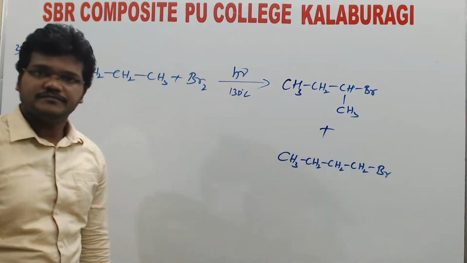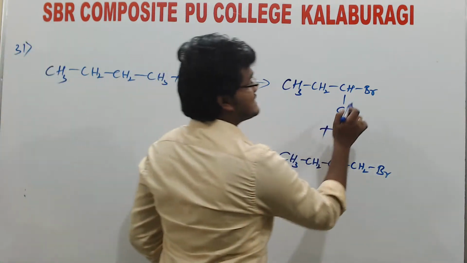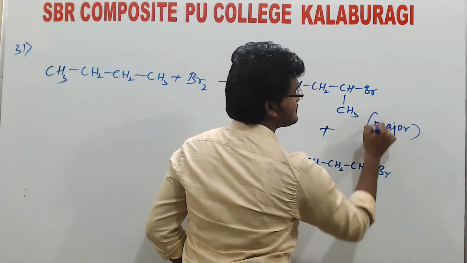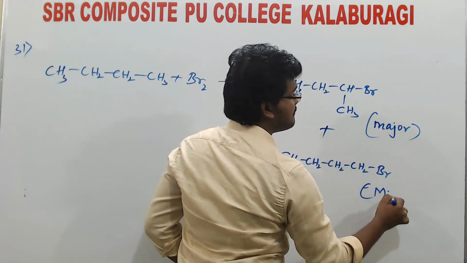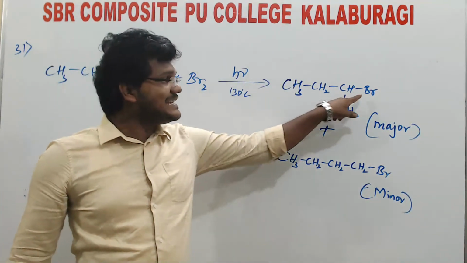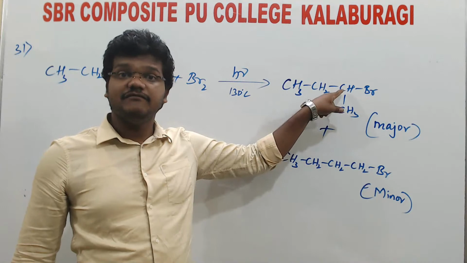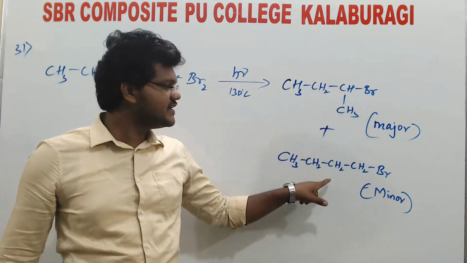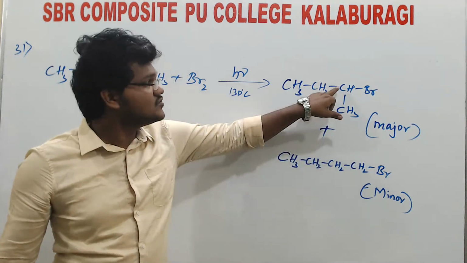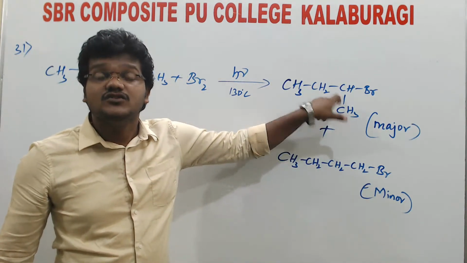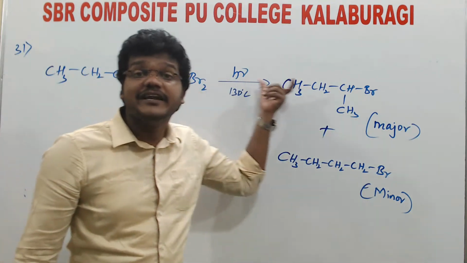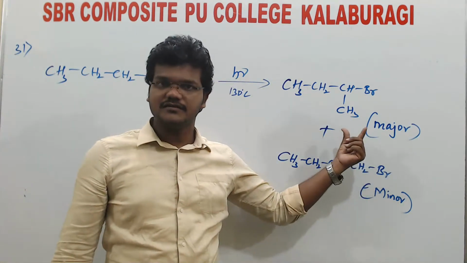Among these, the first compound is the major product. The second one is the minor product. Because in this case, bromine is attached through a secondary free radical, and here it is formed through a primary free radical. Among these two, the secondary is stable. The product formed through a stable intermediate becomes the major product.